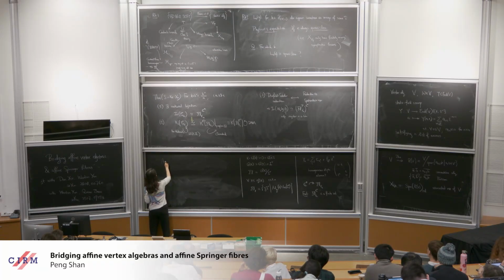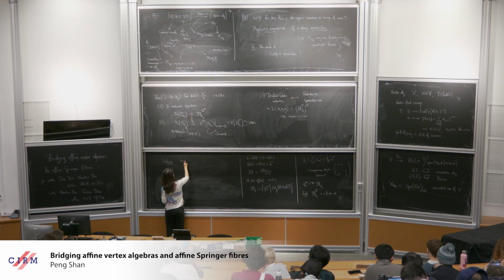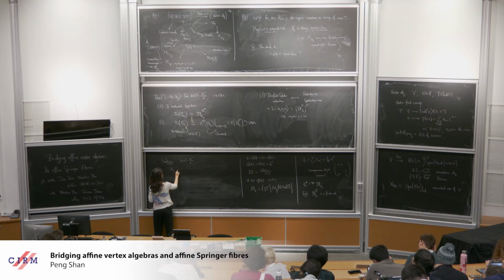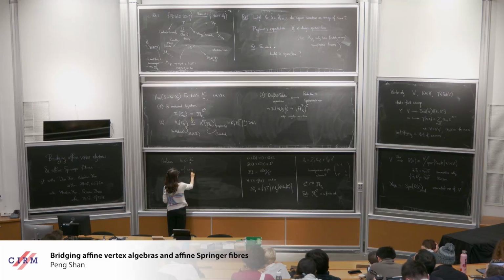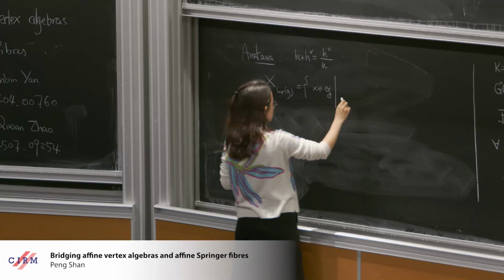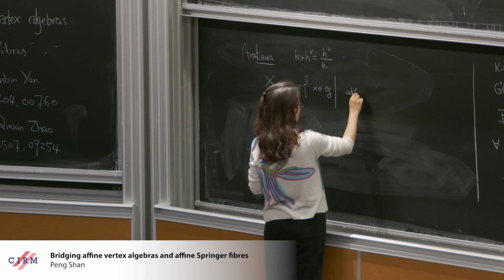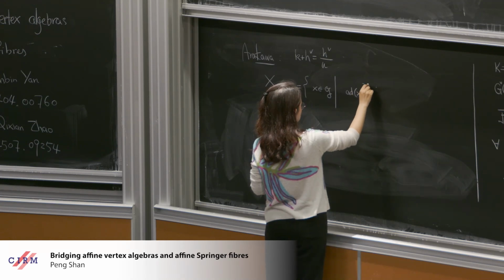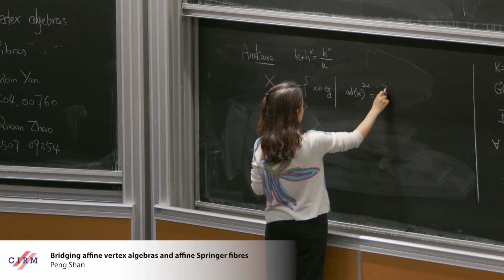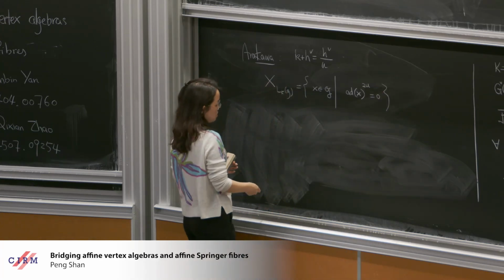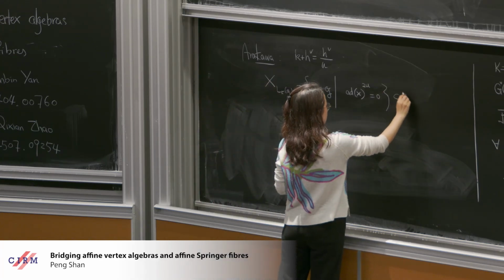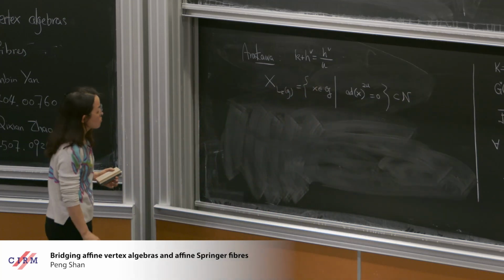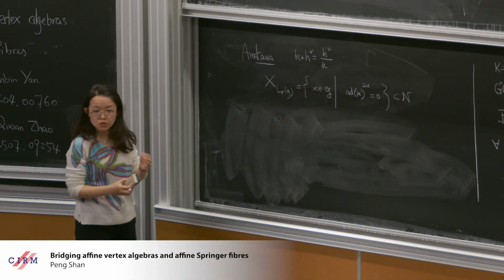So Arakawa showed that for k plus h check equal to h check over u, the associated variety of L_kG is given by the elements x in G, if we identify G and G dual, such that adjoint of x to the power of 2u is 0. So in particular, this is contained in the nilpotent cone. And so this is a quasi-lisse situation.